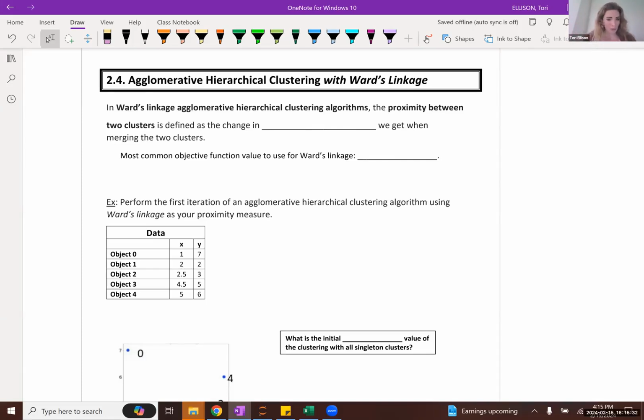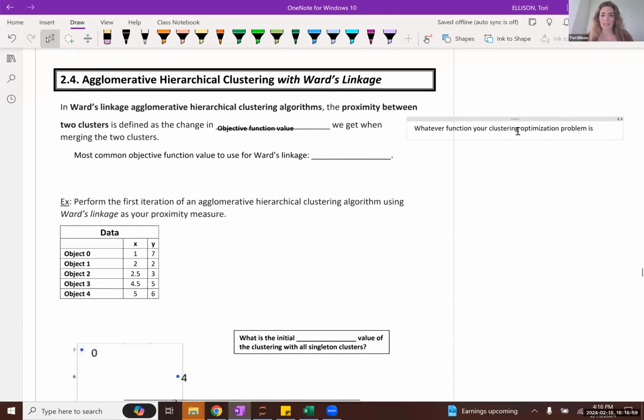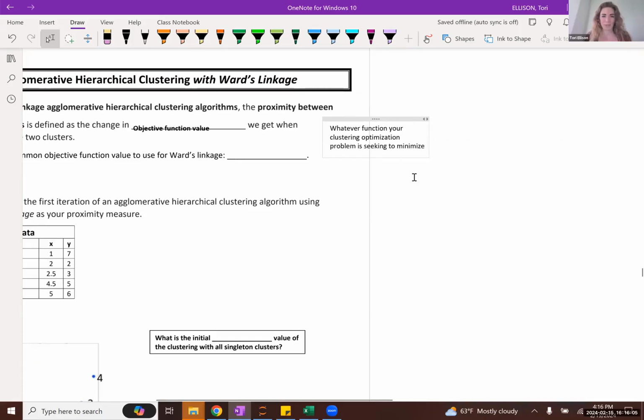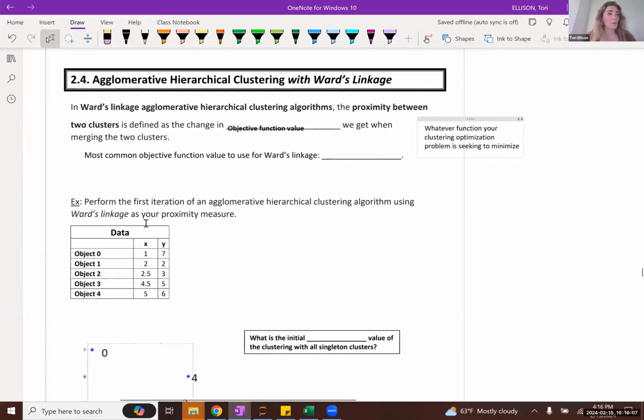The general definition of a Ward's linkage proximity between two clusters is the change in objective function value that we would get when we merge the two clusters. When we're talking about the objective function, this is basically whatever function your clustering optimization problem is seeking to minimize. For instance, when we introduced k-means, the objective function we were trying to minimize is inertia.